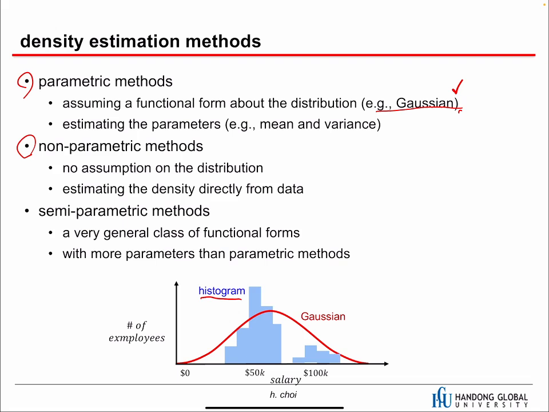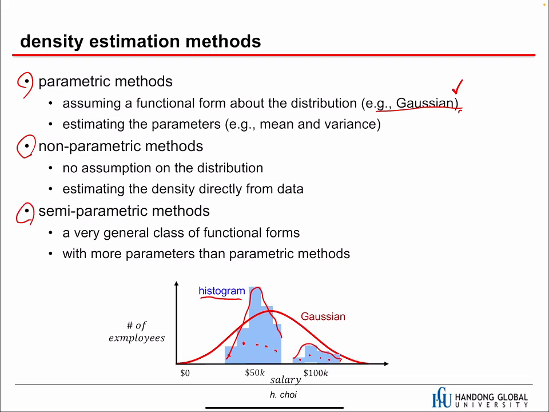These parameters are not the parameters of the function. Anyway, there are no real parameters. In this case, we don't assume anything about the distribution. These bars are the histogram, and from these bars, we can have a density. So this is actually a density.